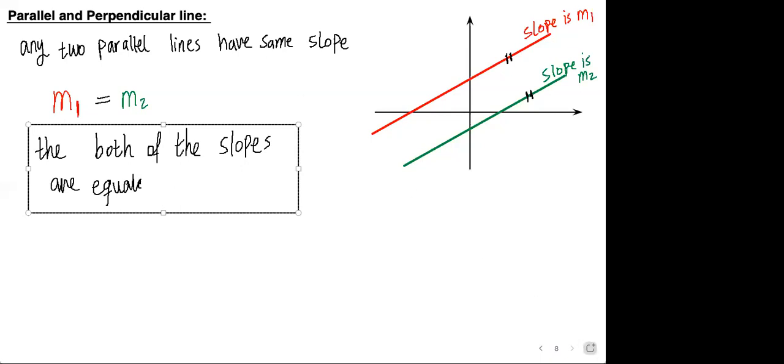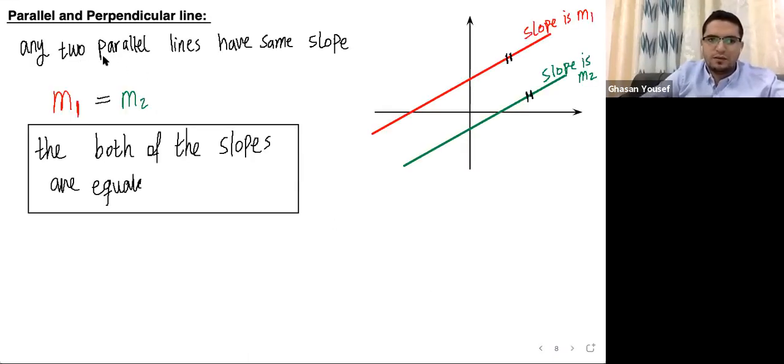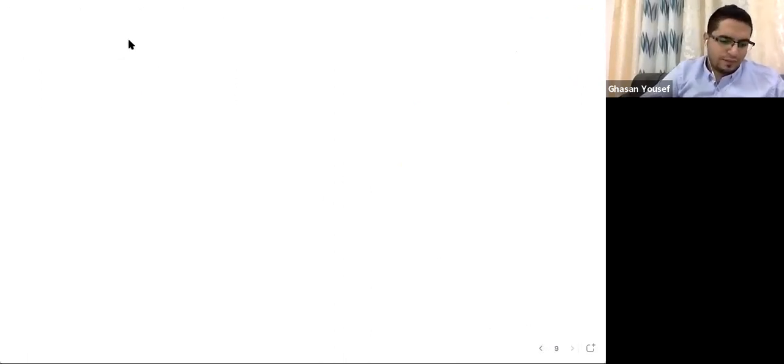They have an opposite reciprocal slope. Exactly. So if two parallel lines have the same slope, but if the two lines are perpendicular, we have the negative reciprocal.